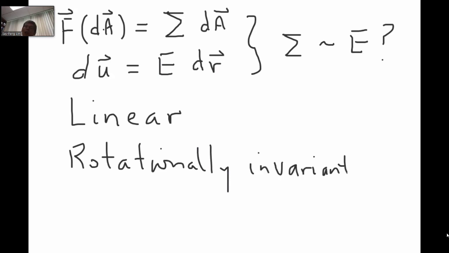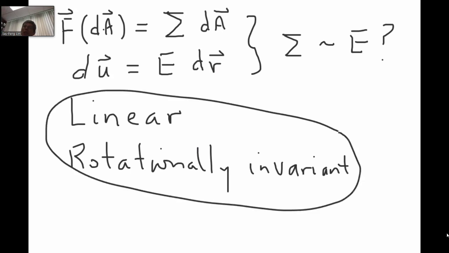So these are the assumptions. You can apply this to any solid that responds in a linear manner and that is rotationally invariant. Rotationally invariant means that if you rotate the system, all the responses, the stress and the strains, will all be the same. Now, this is fairly mathematical. I don't want to get into it.